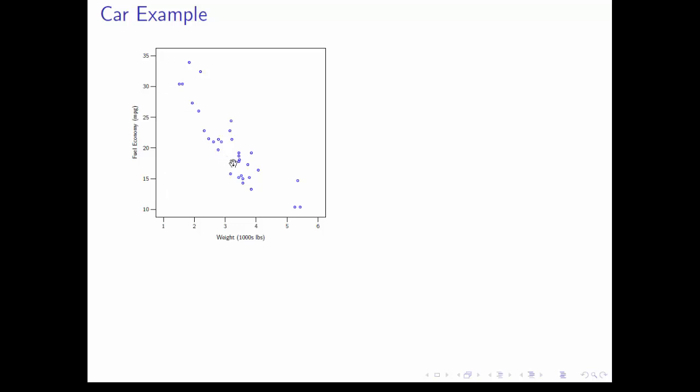Lo and behold, we see a negative association. The form is linear, pretty good, and pretty strong, maybe we should say moderate, but the linear form is what we're after. So we can find the line of best fit.